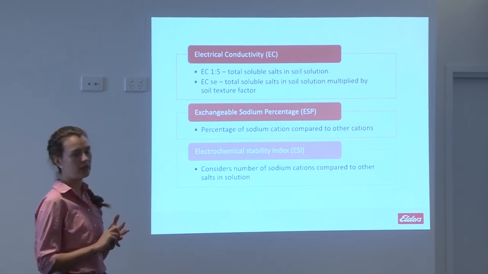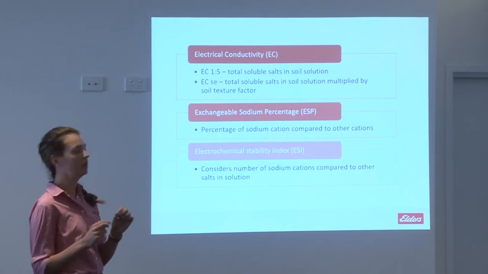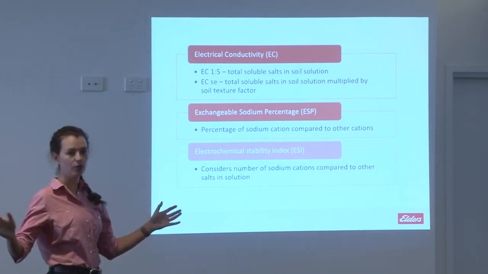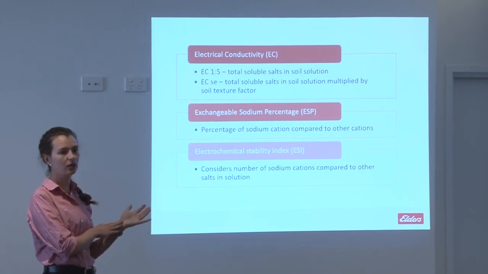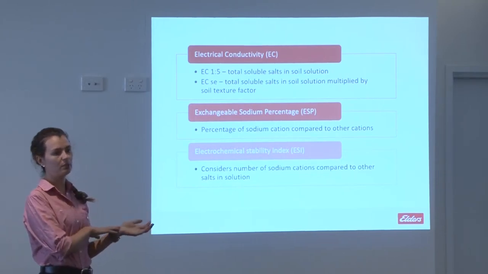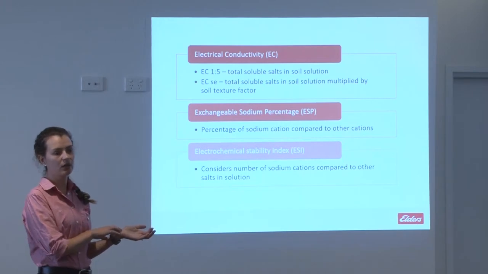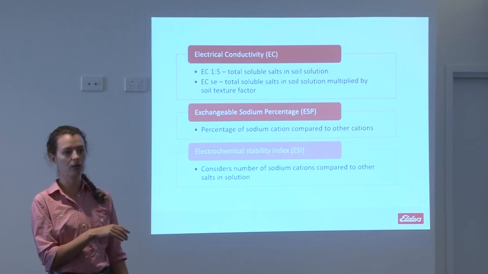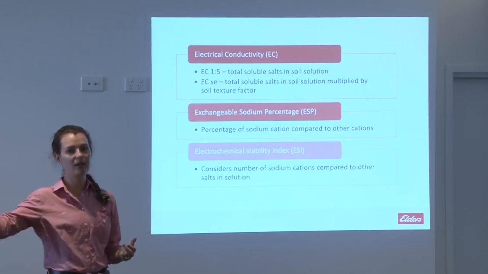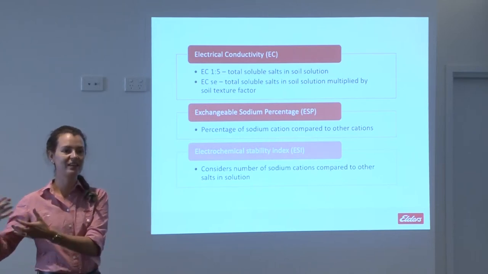Alternatively, you've got your ECSE. That's actually looking at your total salts compared to your soil texture. Because sodium can only bind to the clay particles, the less clay particles you have in your soil, the less of a problem you've got. Alternatively, the more clay particles, the less salt you need to then have a problem.